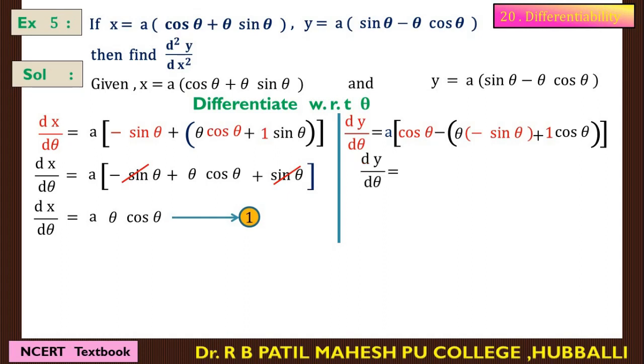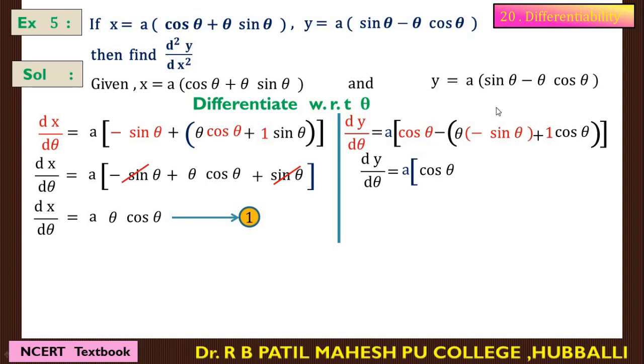In the next step, dy by d theta is equal to a as it is, cos theta as it is, minus is multiplied to the bracket.